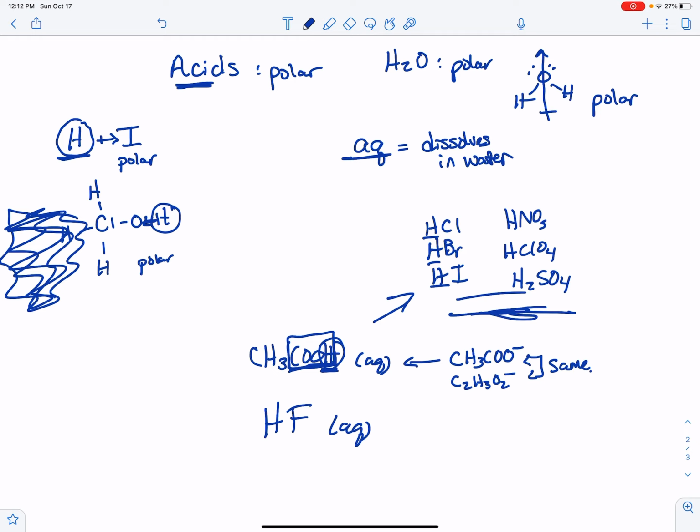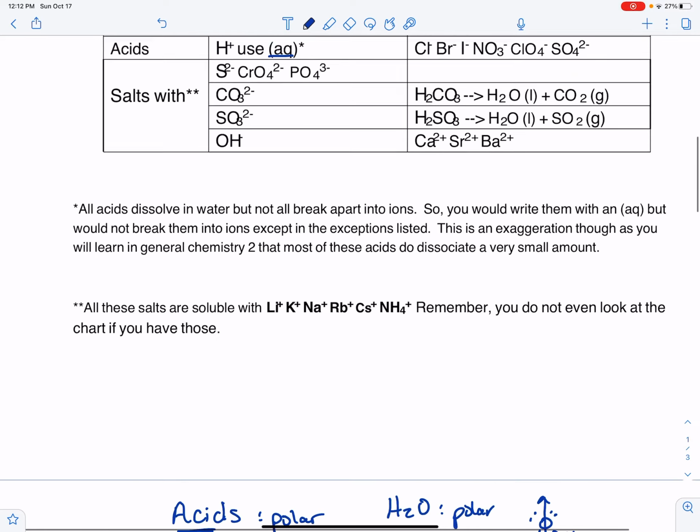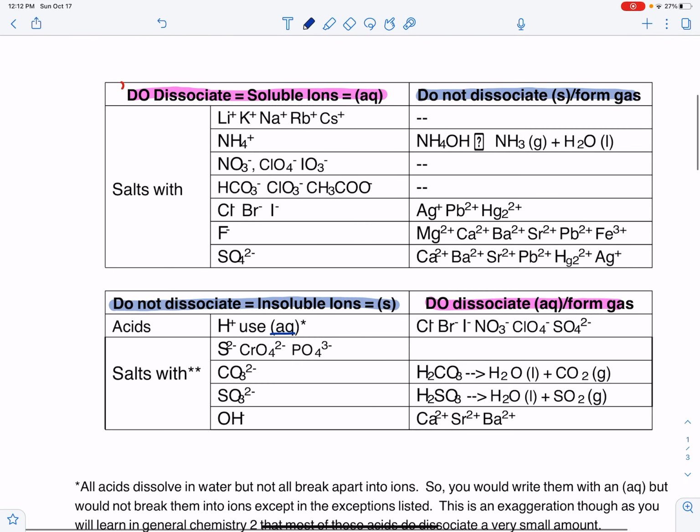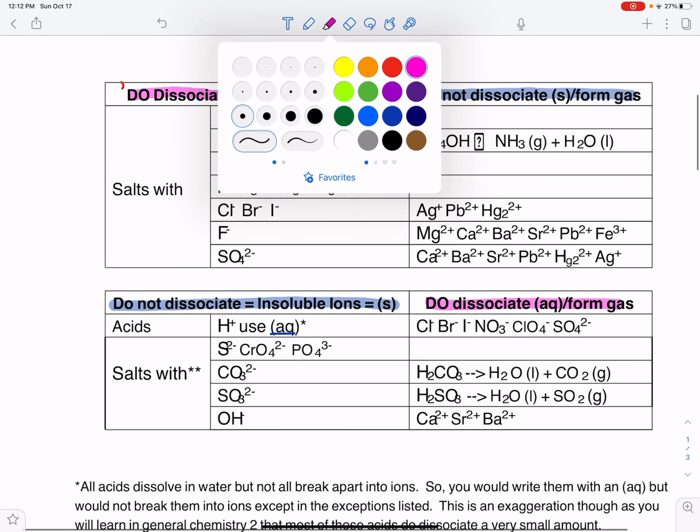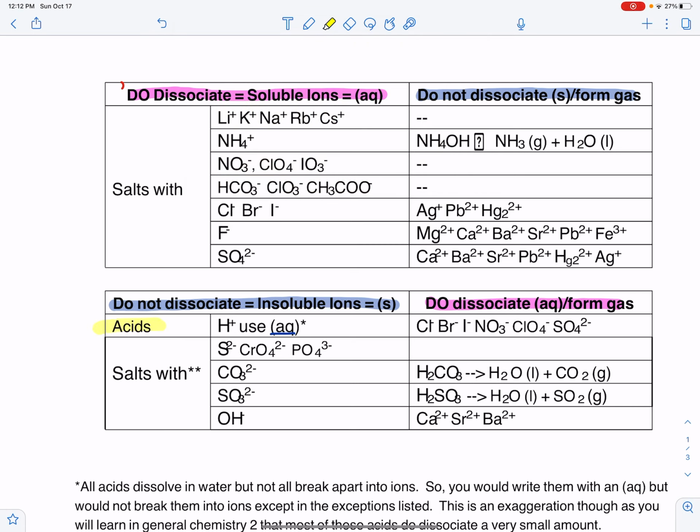So to make this easier, if you go back up to your chart, right over here, we actually have an acid section to the chart. And you can just know, as a little reminder, you're going to use AQ. All of them use AQ, but it falls under the do not dissociate section.